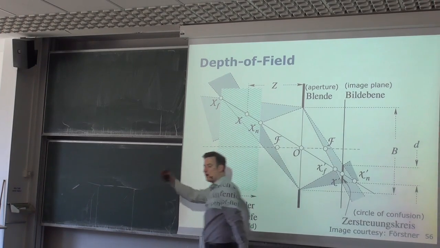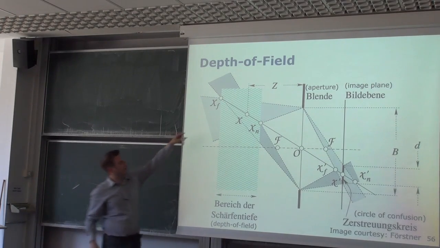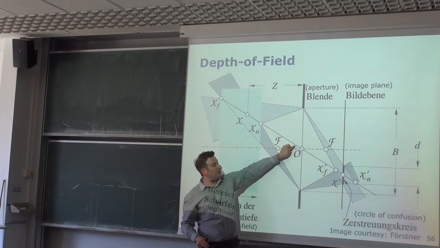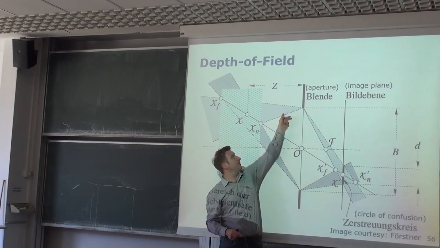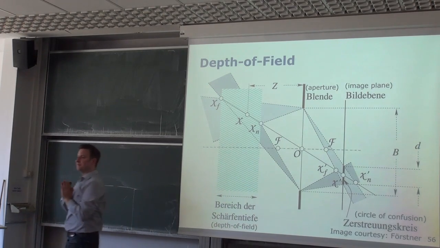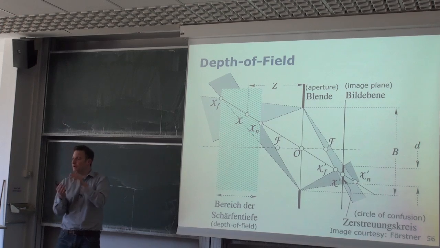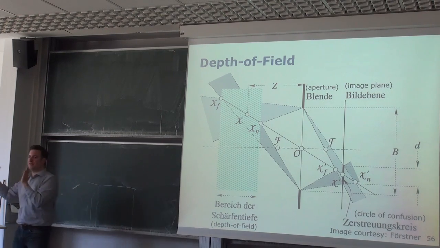So the further we are away, the less we can actually control the depth of field. The closer we move to the object, the larger is the angle, you get this angle over here, and as a result, the smaller the depth of field. So if you have an object which is very close to our camera, with a fixed aperture, the depth of field is really small. The further we move away, the larger it gets.